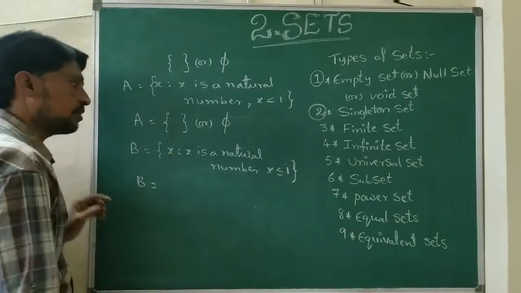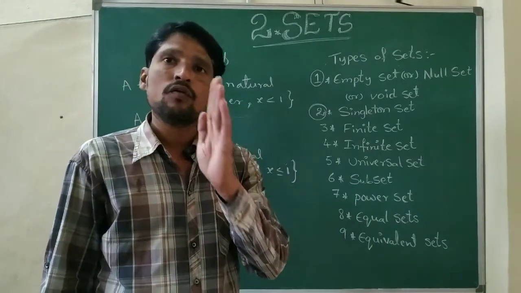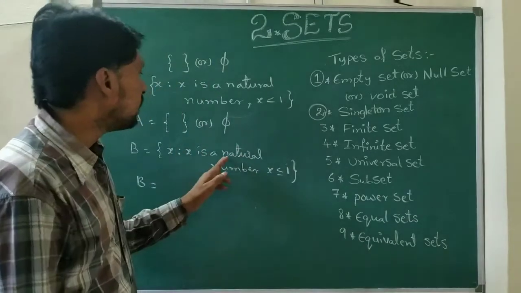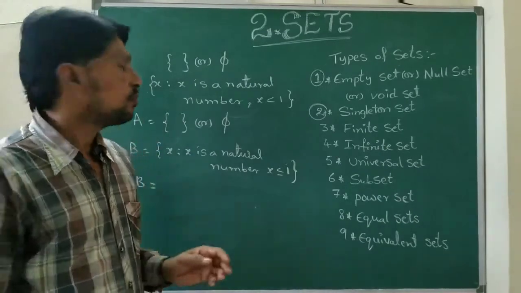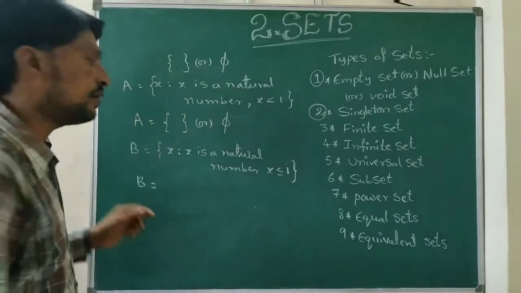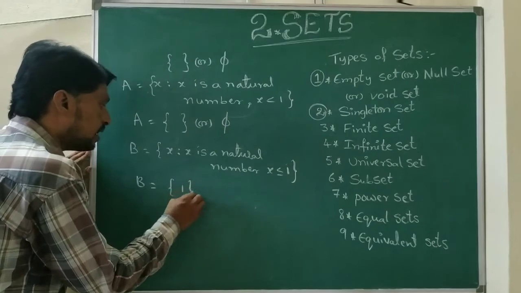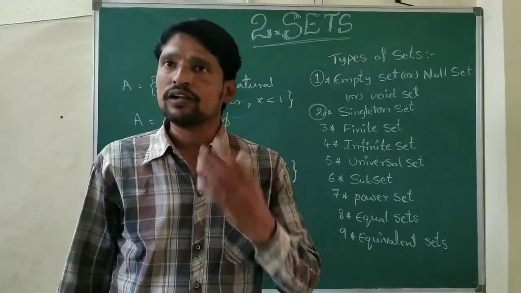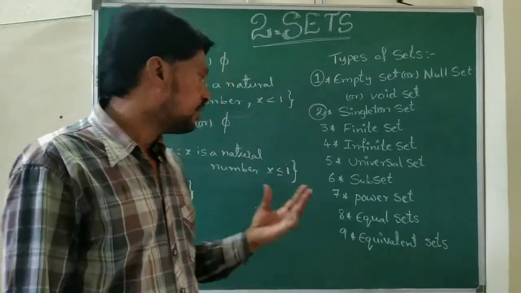Here x less than or equal to 1 means we can include 1. Natural numbers start with 1, 2, 3, so only 1. Only one element will come, so the set is {1}. Only a single element means this is the singleton set. A set consisting of a single element is called a singleton set.